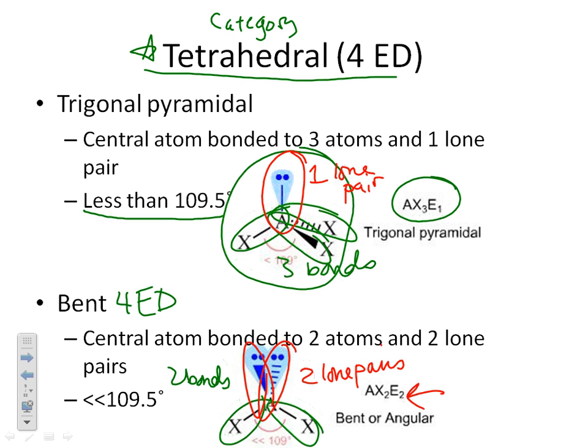And the bond angle, it's less than 109.5 degrees, but we put the double less than 109.5 degrees to indicate that we're getting even more repulsion coming off of those 2 lone pairs, right? You have 1 lone pair, you have some repulsion, you have 2 lone pairs, you have even more repulsion.